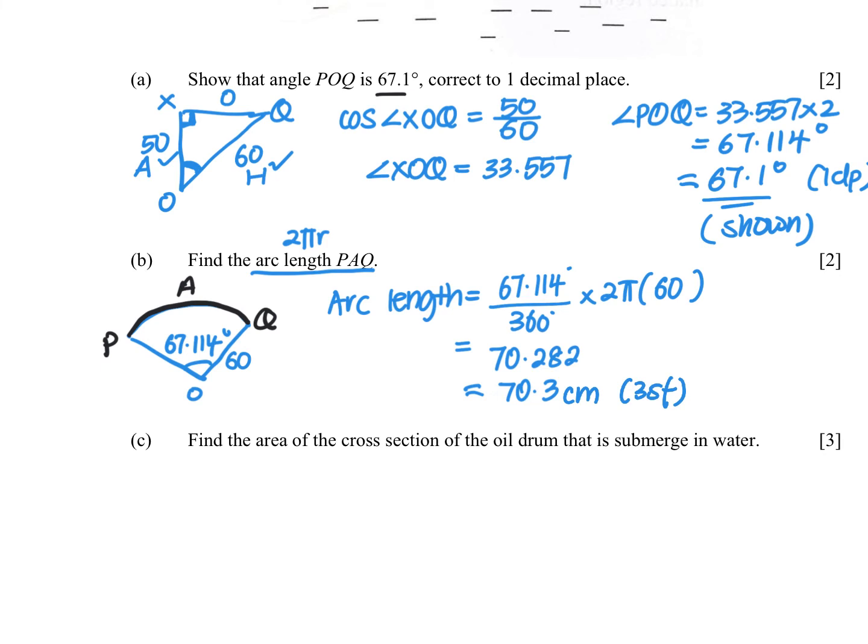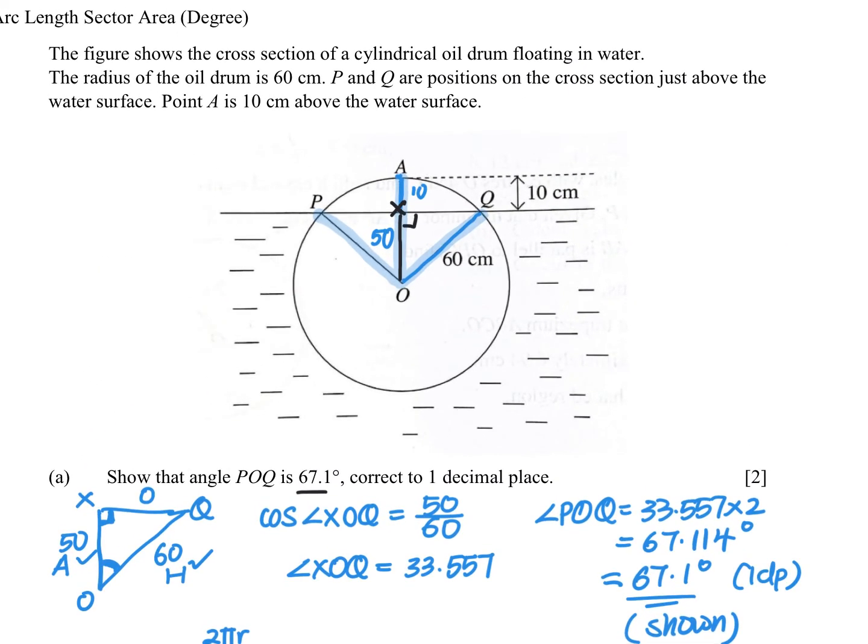Next part, find the area of the cross section of the oil drum that is submerged in water. Where is the portion that is submerged in water? The portion submerged in water is this portion over here. Now what is this shape made up of?